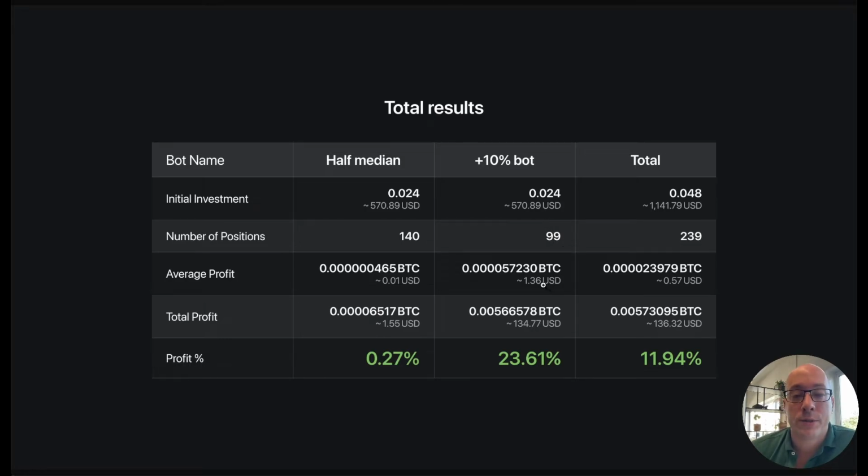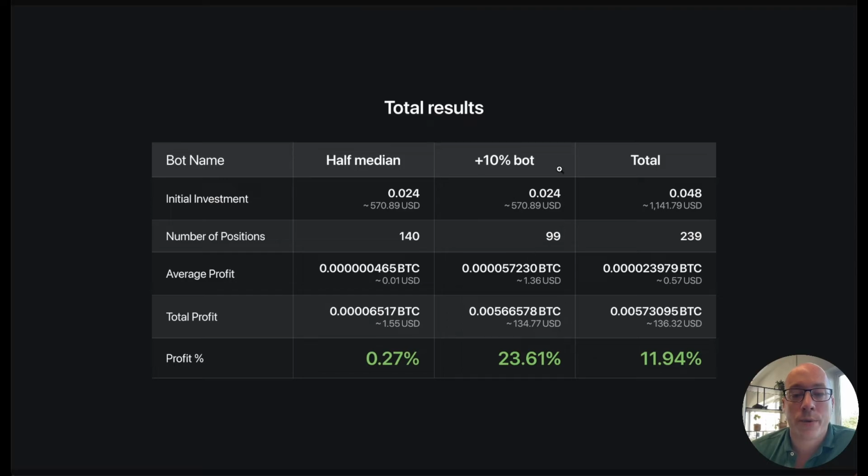But now if we look over at the 10% one, we can see that it had 99 positions with an average of $1.3 and $134 profit, which is currently 23.6% in 4 months. So that's well above the 5% average a month with the 10% per bot. And just imagine if Luna didn't happen, that would have been double. But that's why we say this is a long-term strategy.